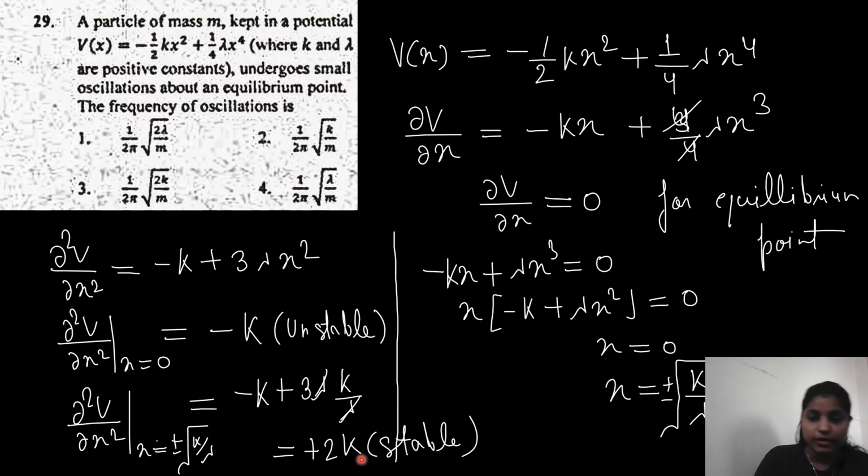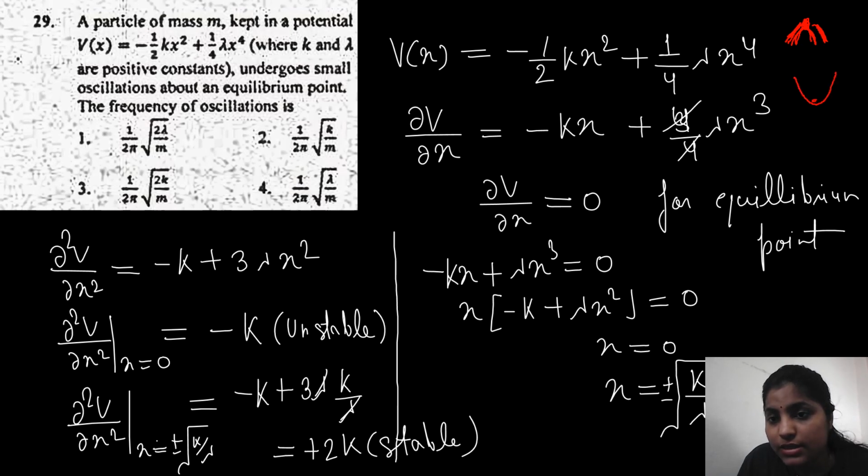So this is a maxima. If the particle is here, the tendency of the particle is to go down to find the minimum energy state. And if the particle is here, this is a minima.